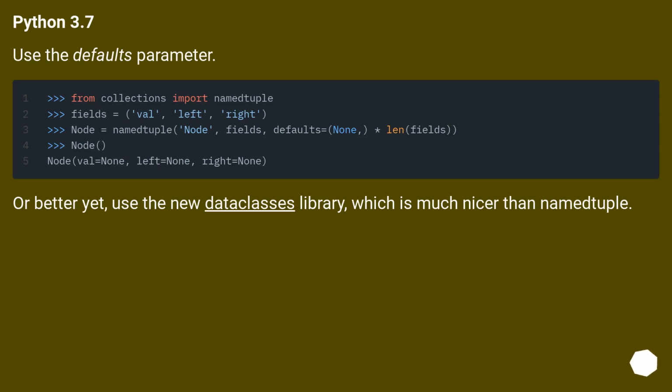Python 3.7: use the defaults parameter. Or better yet, use the new data classes library, which is much nicer than namedtuple.